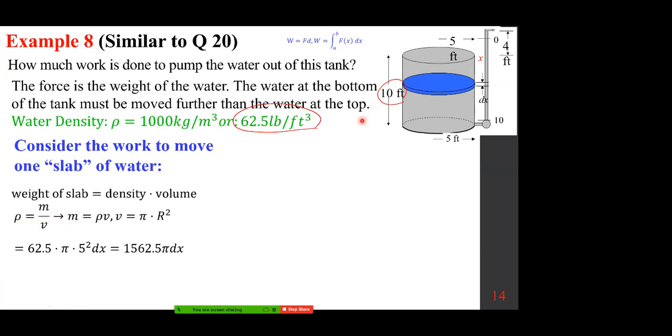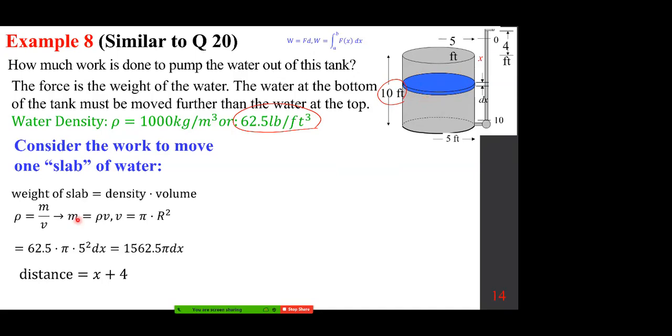And so plug in. We know the distance is x plus 4, and this is 62.5 pi r squared, where r is 5, everybody. I'm looking at this piece. This piece, we are interested in finding the force, or its weight.